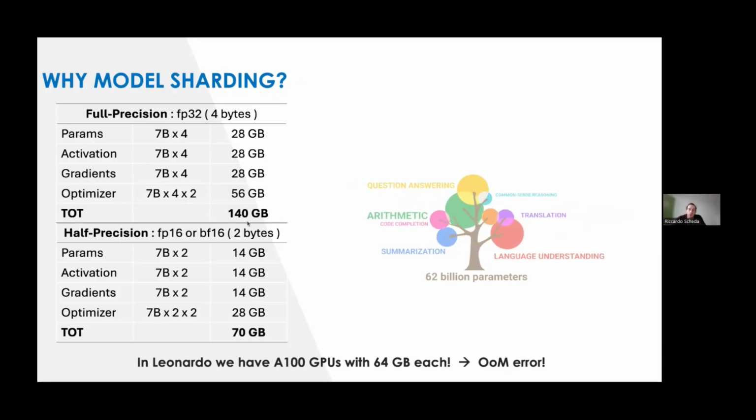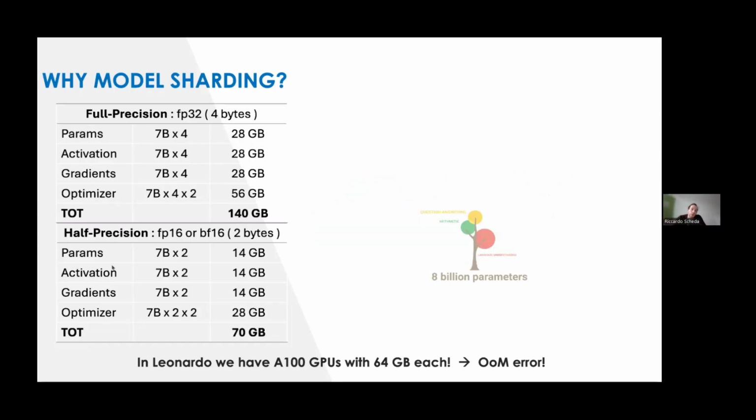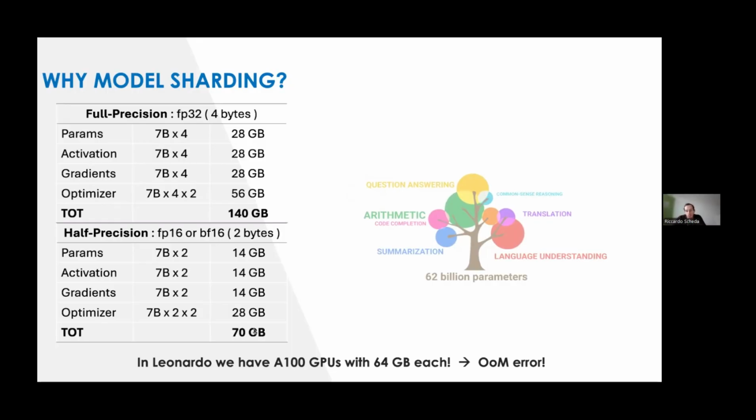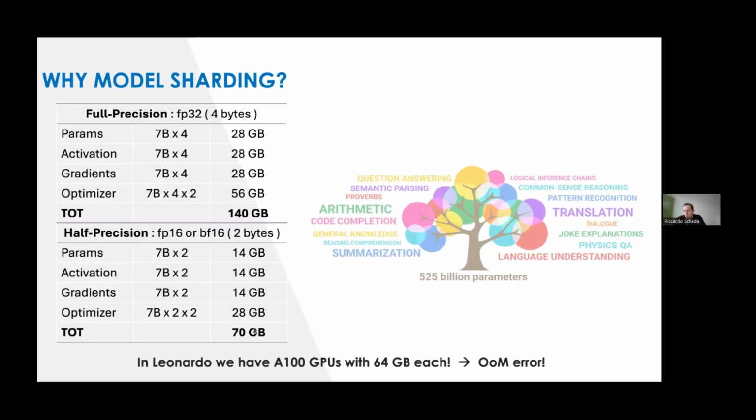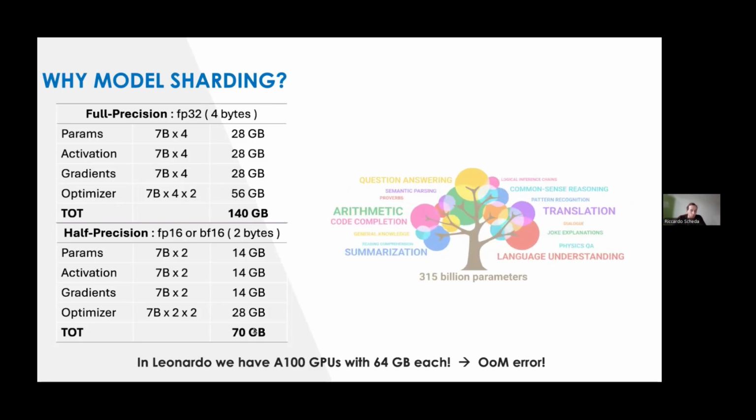In total, we will have 140 gigabytes of memory. Even in half precision with FP16, we end up with 70 gigabytes. So to train a 7 billion model on Leonardo, we need to parallelize it.